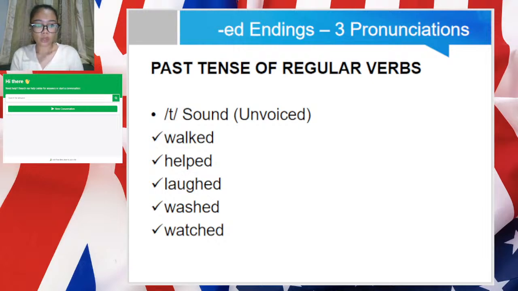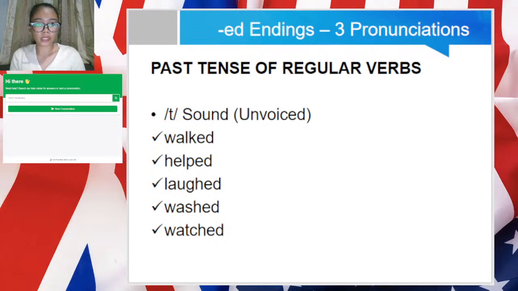So, there's 3 pronunciations for this because this particular ending sound, the suffix ed, is not just a very simple one-way pronunciation. So there are some pretty clear rules that govern it.